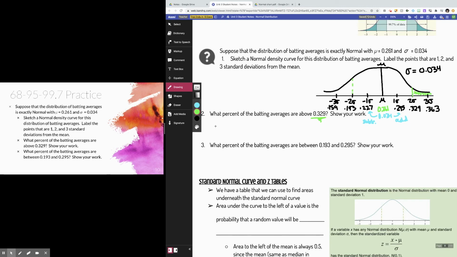Okay, so if you have 95% in the middle, that means you have 5% left over in the tails. Now that does not mean that this shaded area is 5%. It's 5% in both tails together.